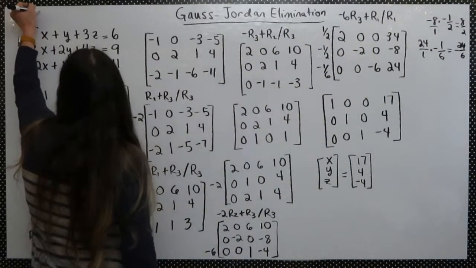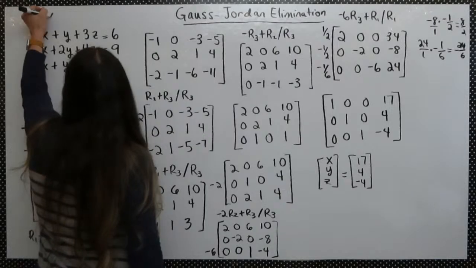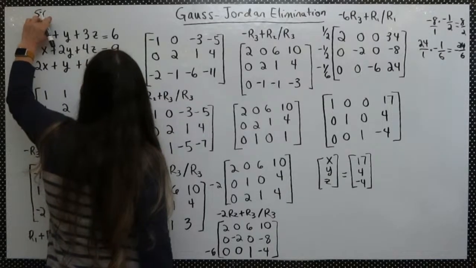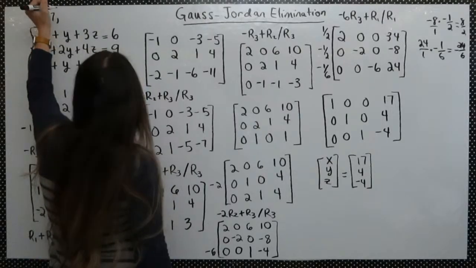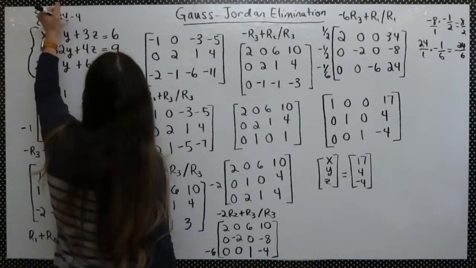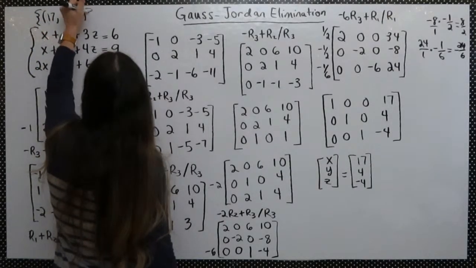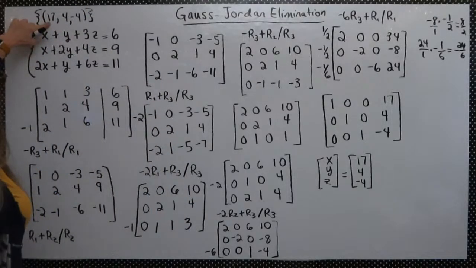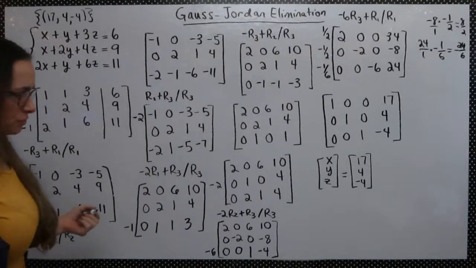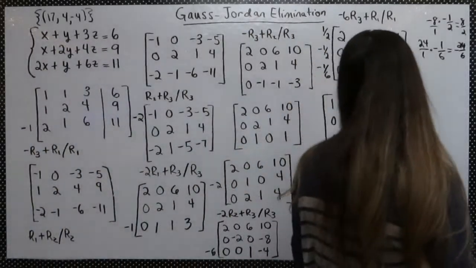So we've got this ordered pair x, y, z is saying 17, 4, -4. And if we have solved this correctly, then it will satisfy each one of these equations. So let's just try the first one. So we'll just plug in.